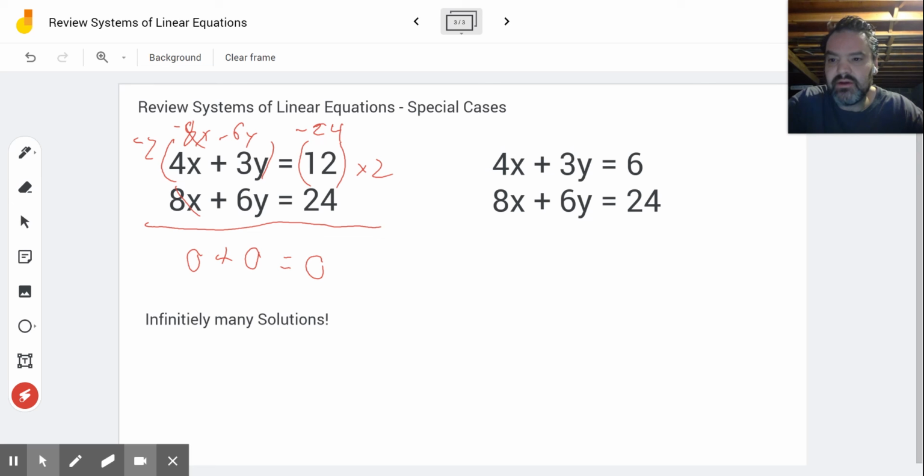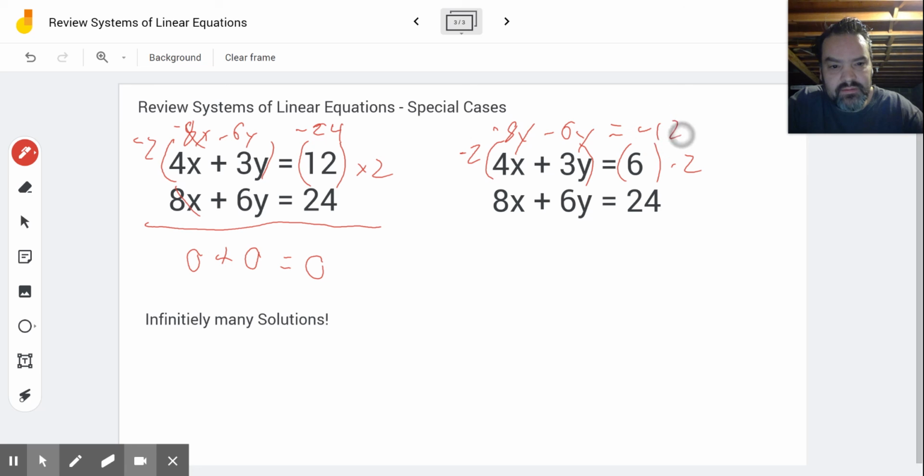Now let's look at another variation on that. This one looks very similar, right? So I would approach this by multiplying the first one by -2. In this case, I get -8x minus 6y again. And on this side, I get -12.